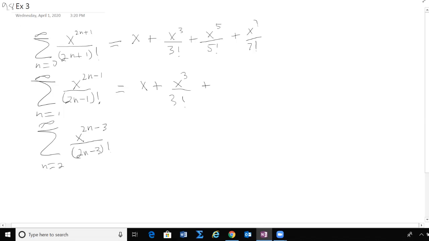So again, no real advantage to that, but notice this would be the same series. This would be 4 minus 3 is 1, and then you'd have 3, which is 6 minus 3 is 3, and you'd have the same thing. So this is called shifting the index.